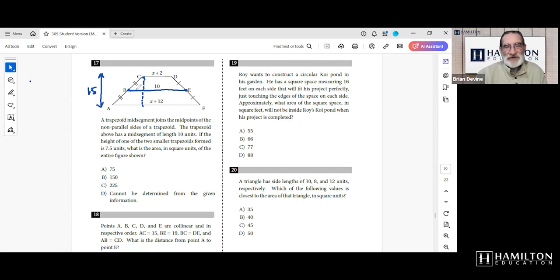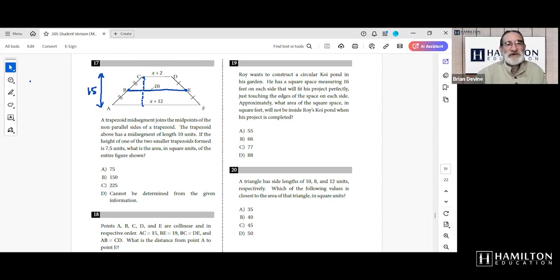Now, here's a fact about midsegments in quadrilaterals of this type. The midsegment, BE in this case, has to be the average of the lengths of the parallel sides. It has to be half of the sum of the parallel sides if it connects the midpoints of the non-parallel sides. And we can see that in a triangle. We can see that in all kinds of figures.